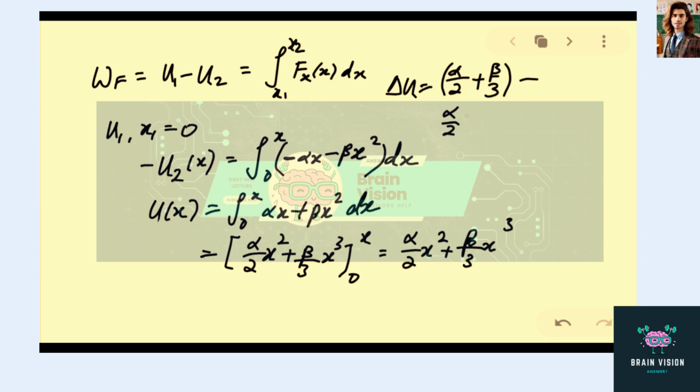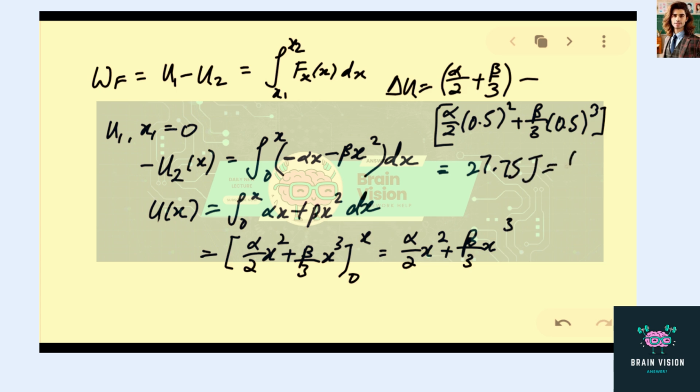So alpha over 2 times 0.5 squared plus beta over 3 times 0.5 cubed, substituting alpha to be 60 and beta to be 18. Our change in potential energy, we should be able to calculate: 36 minus, we should get 27.75 joules.